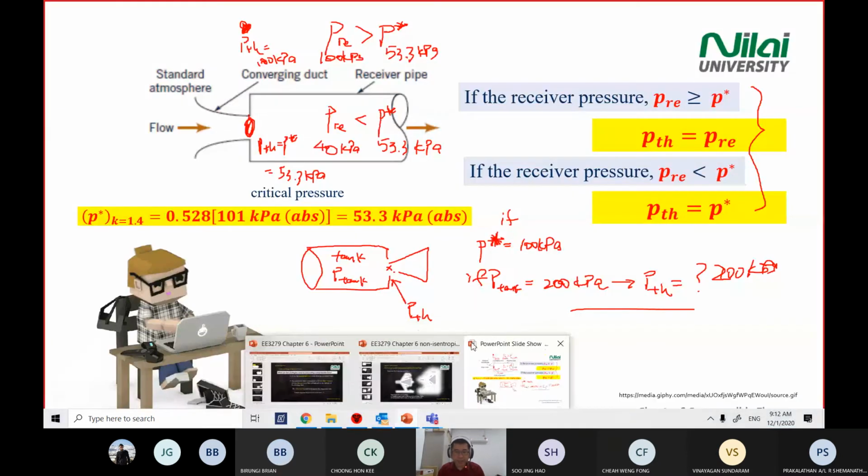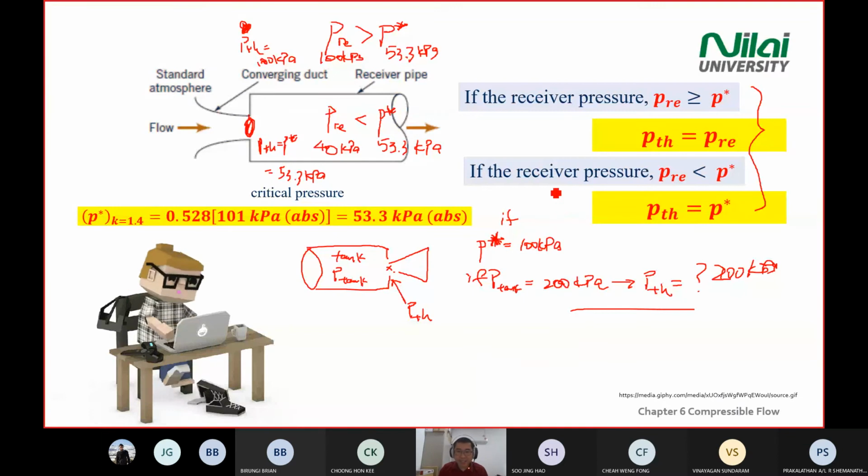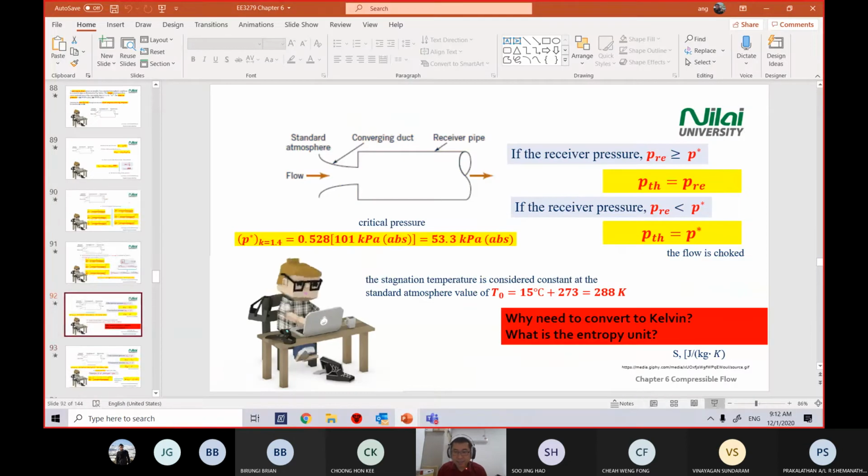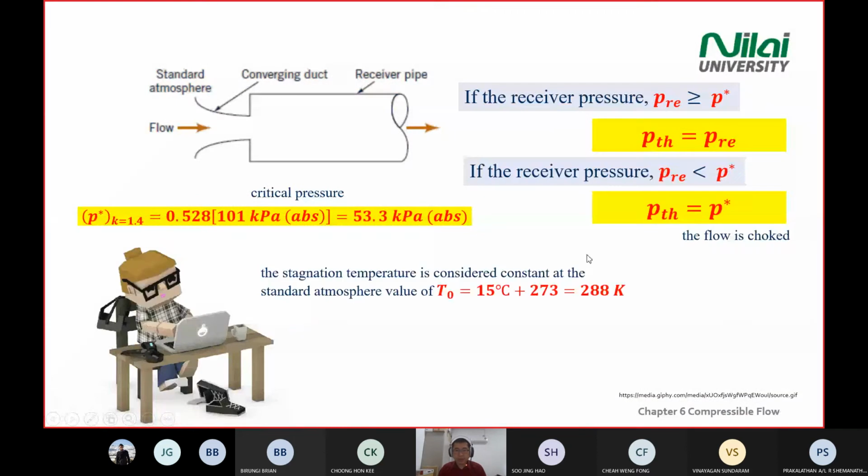Okay, I assume the rest you understand. Now, based on this statement, you know what happened to the throat pressure.